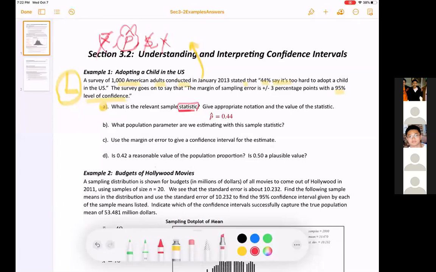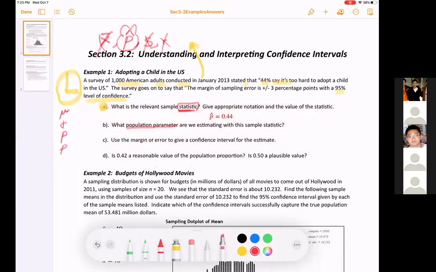Part B, what population parameter are we estimating with this sample statistic? So population parameter, correct? How many do we have? In your note sheet, we have mu, we have sigma, we have proportion P, we have rho, correlation, and that's it.